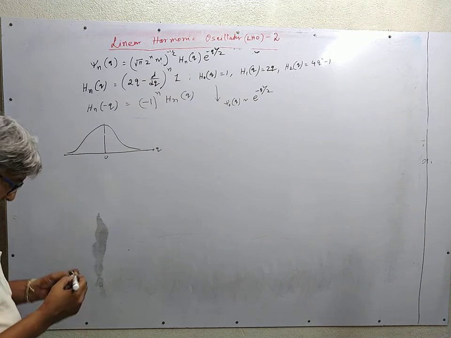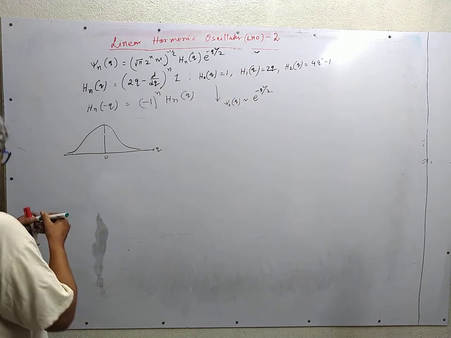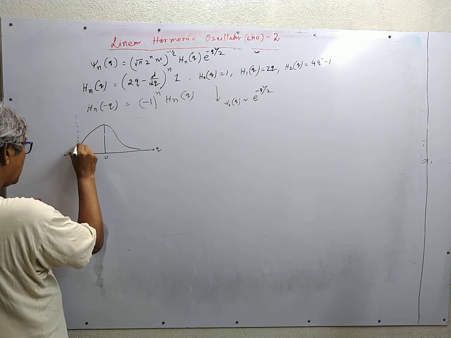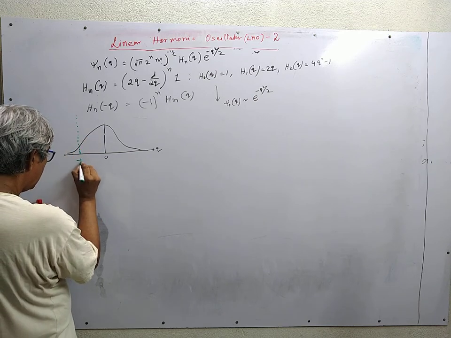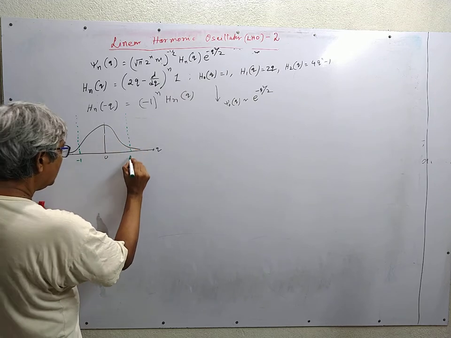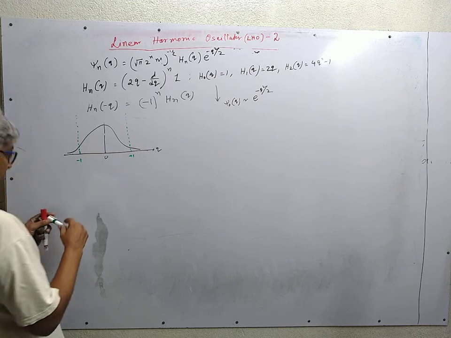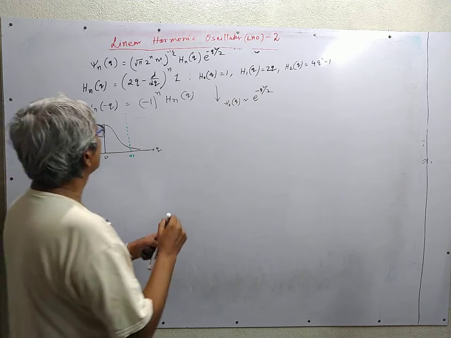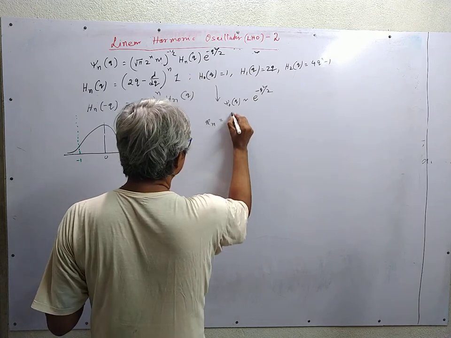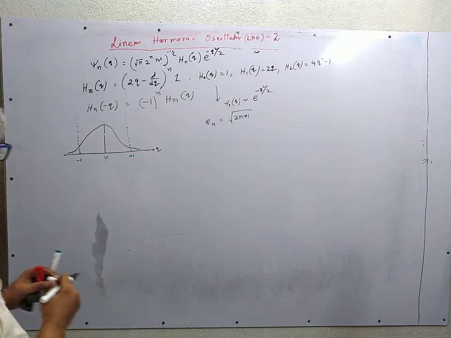And the classical limit is plus minus 1. So this is the classical limit. The particle is confined between these. Recall that we have found out that in dimensionless form the classical limit is root of 2n plus 1. For the ground state n is equal to 0.